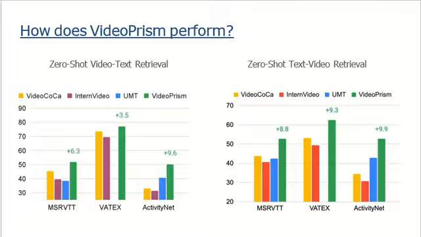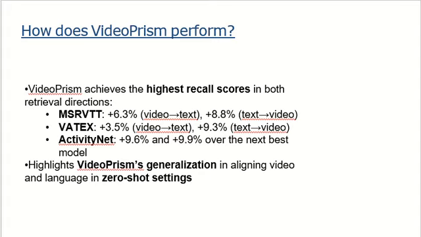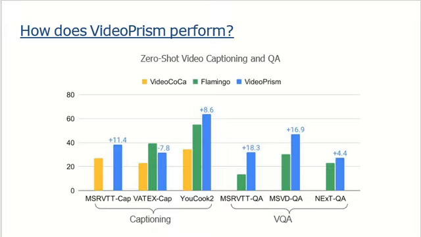So all right, now that we have seen retrieval, let's go a level deeper with captioning and visual question answering. Okay, so now here's where things really get exciting. We are testing zero-shot video captioning and visual question answering.